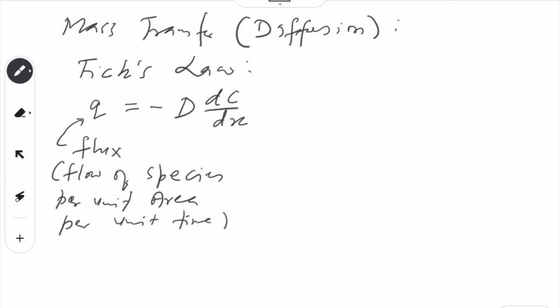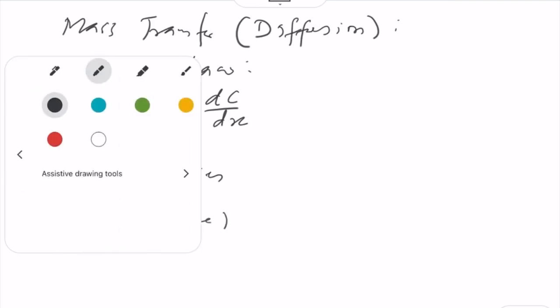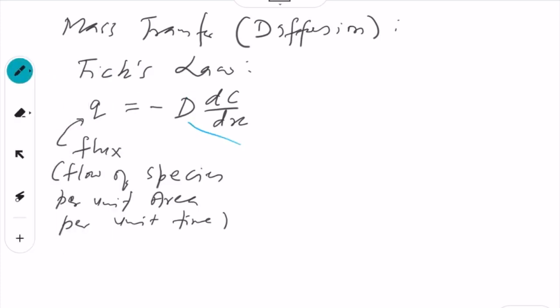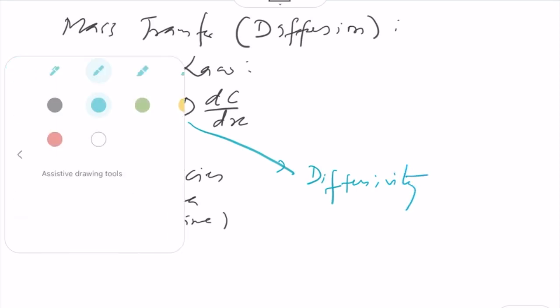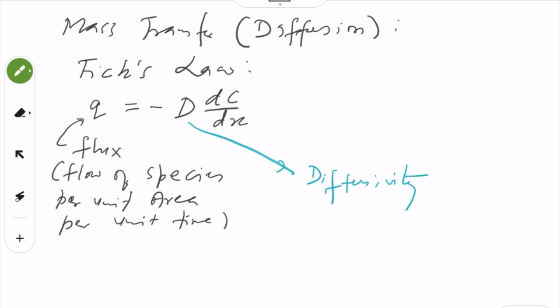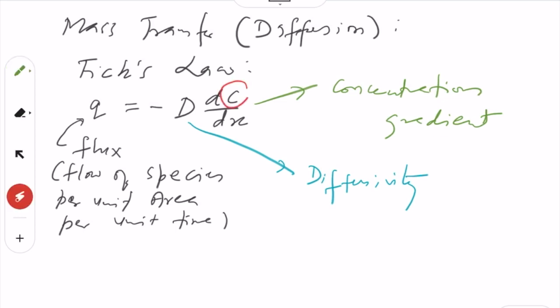This big D is known as diffusivity, and dc over dx is the concentration gradient. Sometimes they also write psi instead of c.